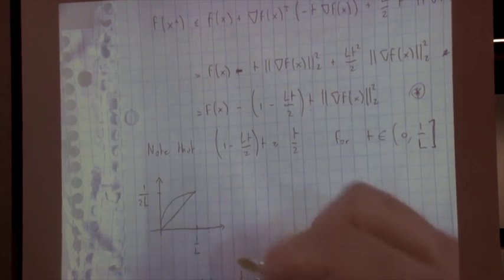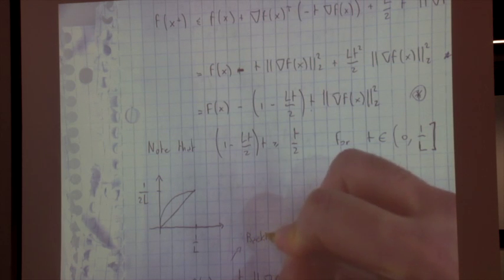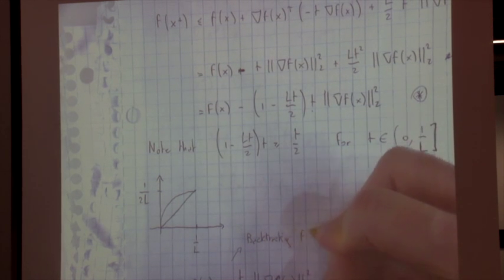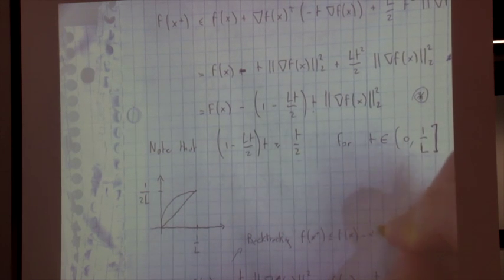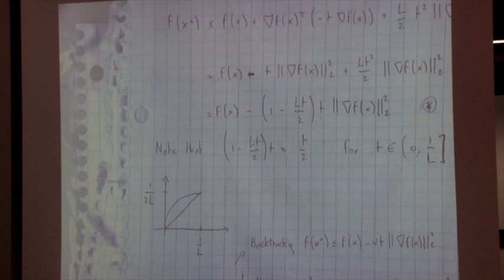Usually in the backtracking line search you are trying to satisfy the following inequality: f of x plus is less than or equal to f of x minus alpha t, the square norm of the gradient. You see that this is just the same thing with alpha equal to 1/2.